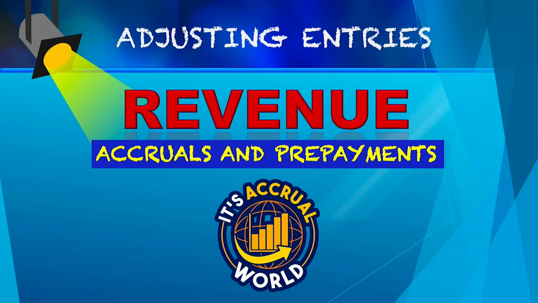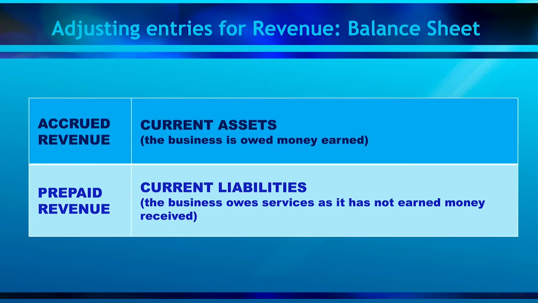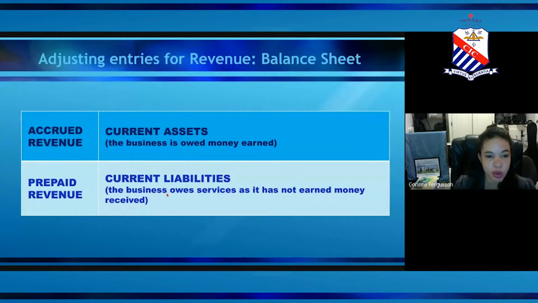So this is now where we go into the revenue. For the revenue, one is an asset and one is a liability, just like with the expenses. Accrued revenue would be the current asset, and this is revenue owing, and prepaid revenue would be the current liability.